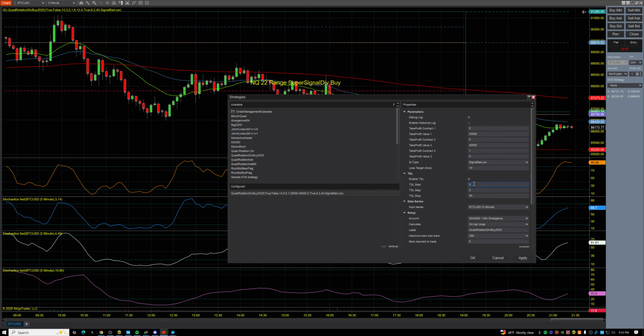Our trailing stop is going to be the same thing. We're going to put the trailing stop at $200 or 20,000 ticks, and we'll let that follow it up by 20,000 ticks.